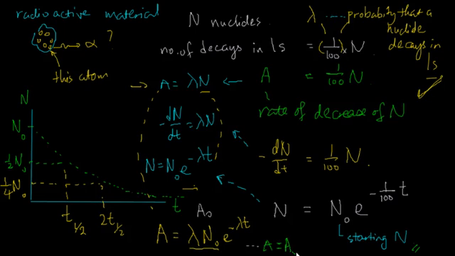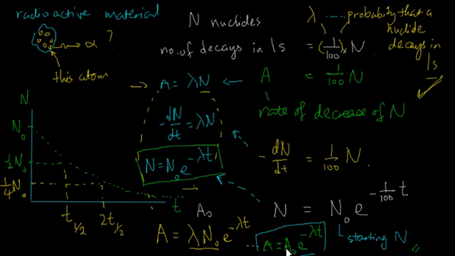I'll just copy over e to the minus lambda t. So I have an equation for the activity as well, which has exactly the same form as this. That's an equation for the number of particles, and this is an equation for the activity. Same form, except that n is changed to a.